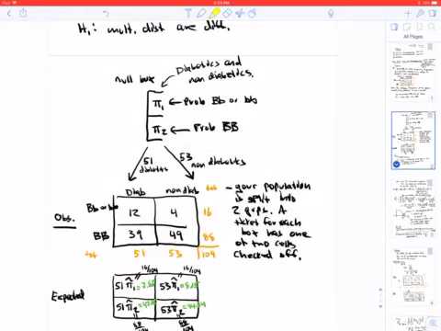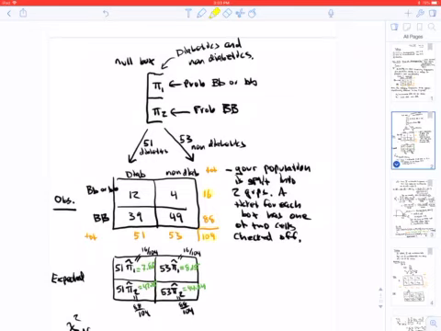And how would we estimate it? Well, the probability that we're BB or BB, there's 16 of those out of 104. So that's our estimate for that probability. And we're going to do something very similar for all of these cells.